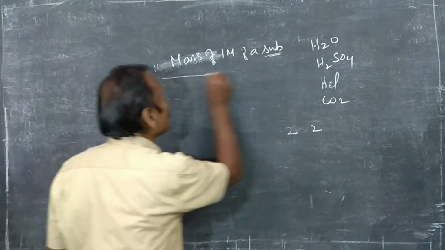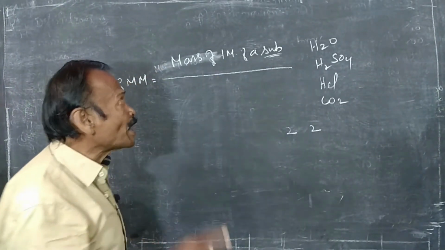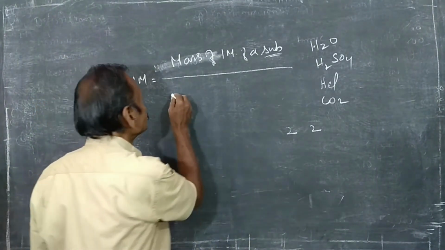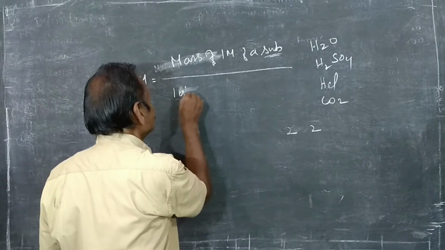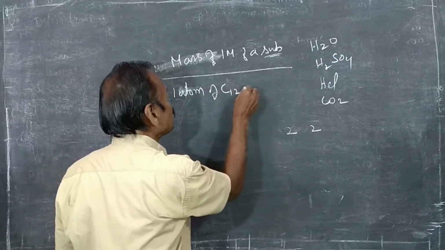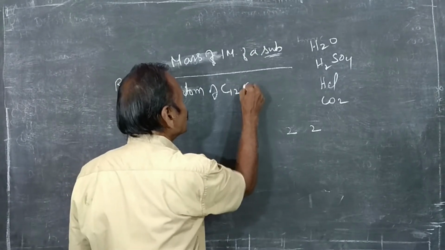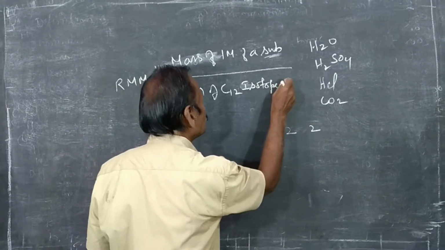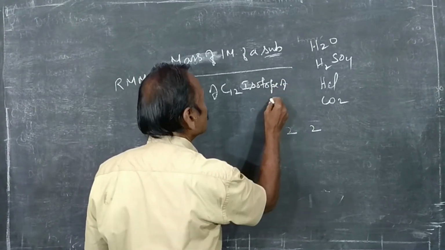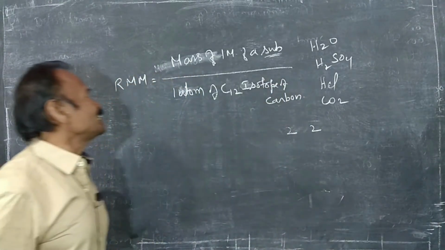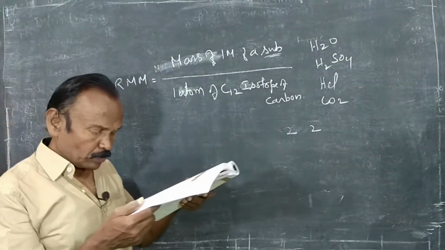It is the ratio between the mass of one molecule of a substance to one atom of the C12 isotope of carbon. So what is relative molecular mass?